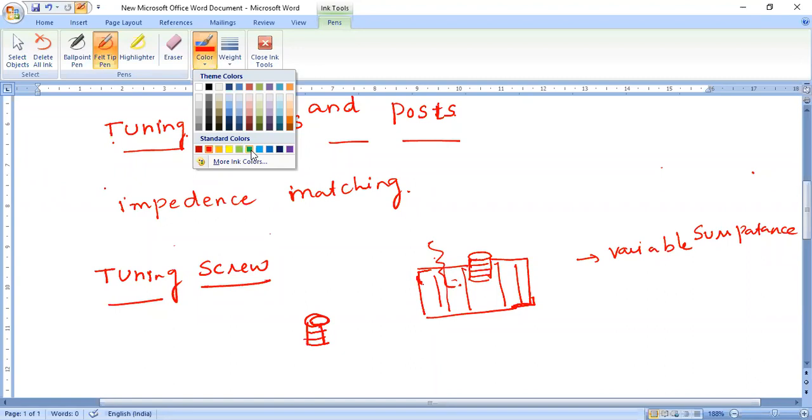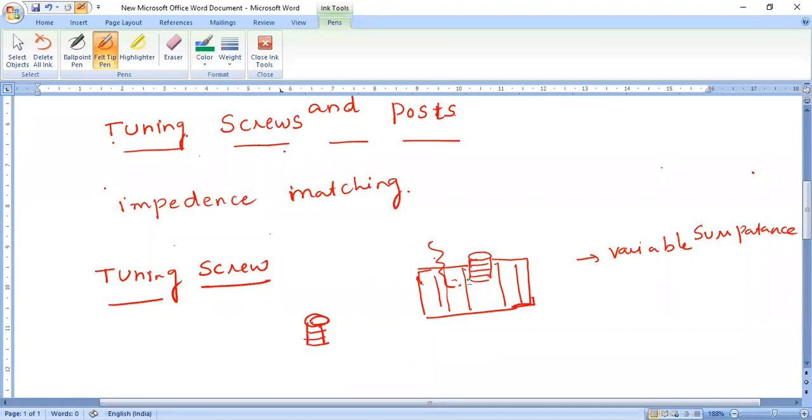Depending upon the depth of penetration, the susceptance may be different. I told you that susceptance may be inductance or it may be capacitance. Note down these things very carefully. If the insertion distance is less than lambda g by 4, it produces capacitive susceptance.